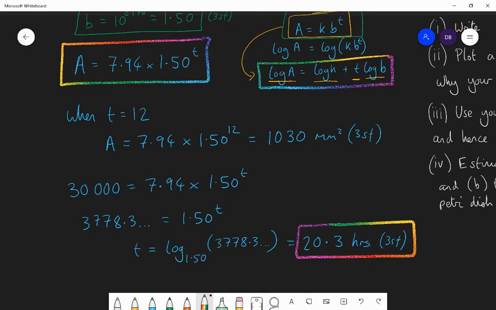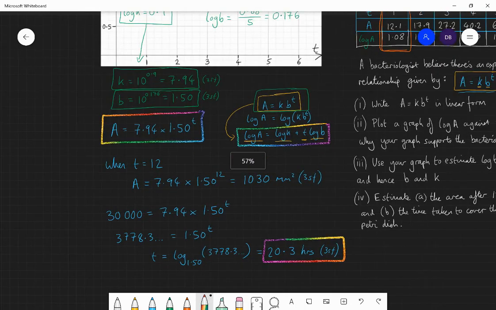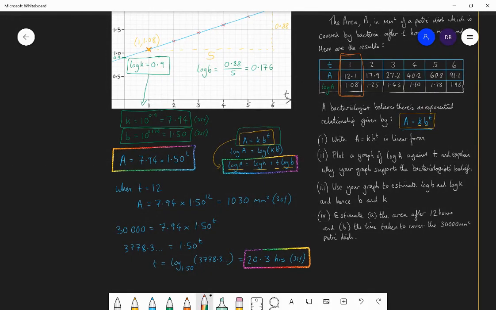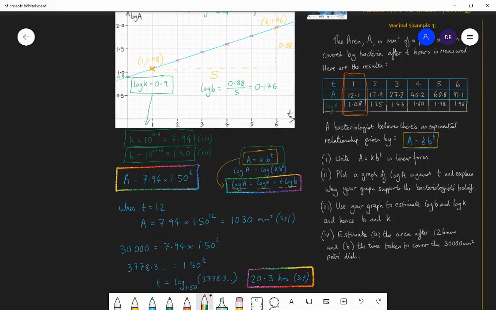So, running through all the different processes in this question, if we think that there is an exponential relationship, we can rewrite that exponential relationship in linear form and plot the graph of the information with a logarithmic scale. So instead of plotting t against a, we plot t against log a.